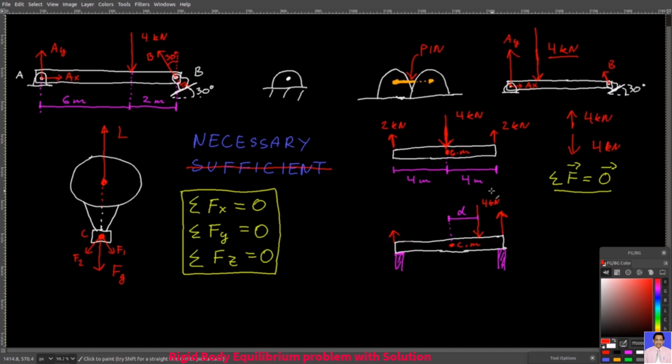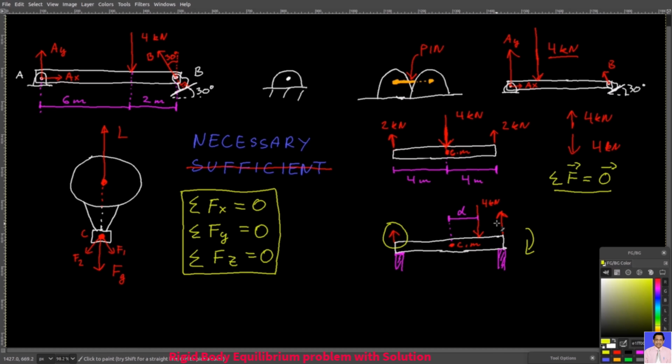In other words, if I put this 4 kilonewton force away from the center of mass, then I will have a moment about the center of mass, and moments create the tendency to rotate. So this beam will have the tendency to rotate clockwise, and that's why you have a bigger reaction force on the right and the smaller one on the left.